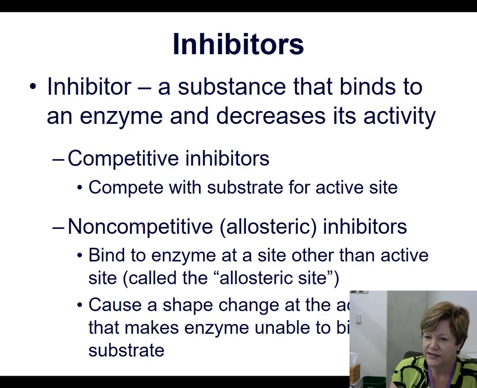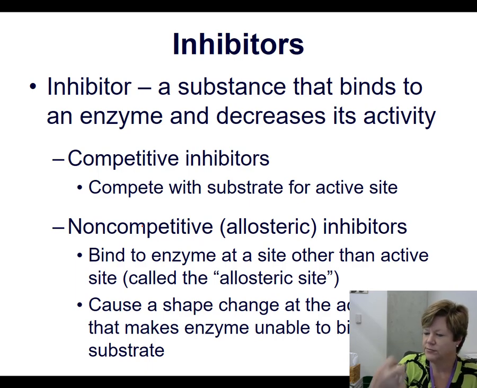Any site on an enzyme that something can attach to, but it's not the active site, can be called the allosteric site. Allo means other, steric is shape, allosteric, other space, I think is more accurate. Steric is like space, but another site, another place for something to attach.